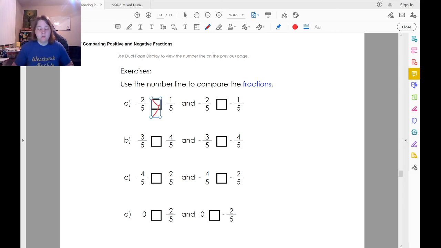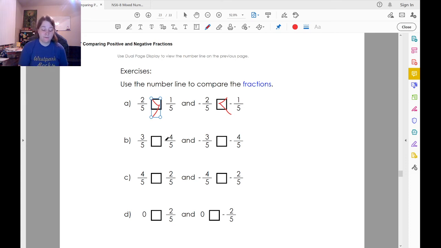What about when we start looking at negatives? Would you rather give away 2 slices of a 5-slice pizza or give away 1 slice of a 5-slice pizza? I'm just going to give away 1 slice so that I have the rest of them, because I like pizza. Letter B, would you rather have 3/5 or 4/5?